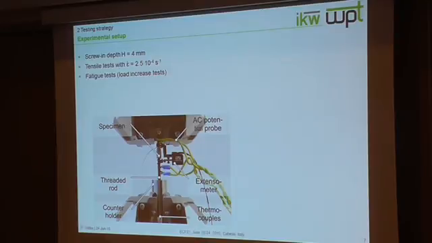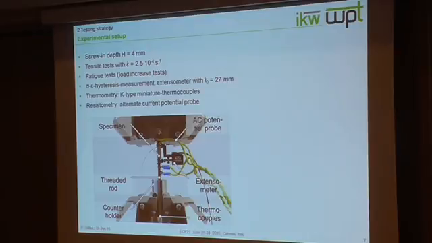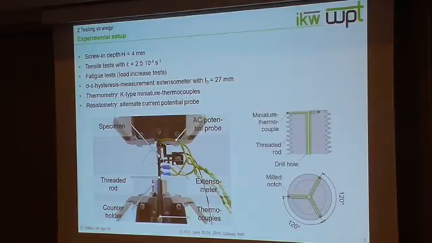During the test, we adapt the specimen, or the system in this case, because the threaded rod is also part of the system, with different measurement techniques. For stress-strain hysteresis measurements, we applied a mechanical extensometer, and for deformation-induced change in temperature, we applied K-type miniature thermocouples.